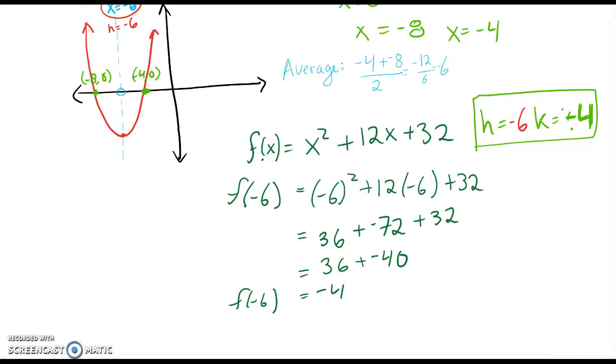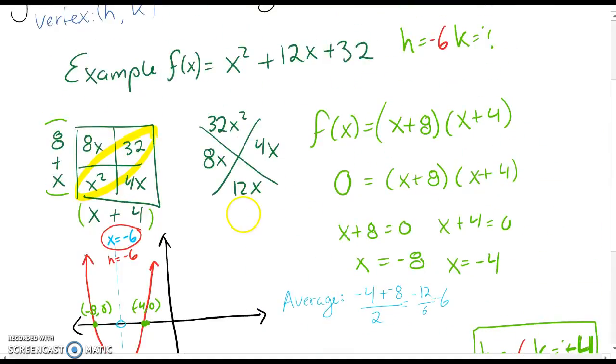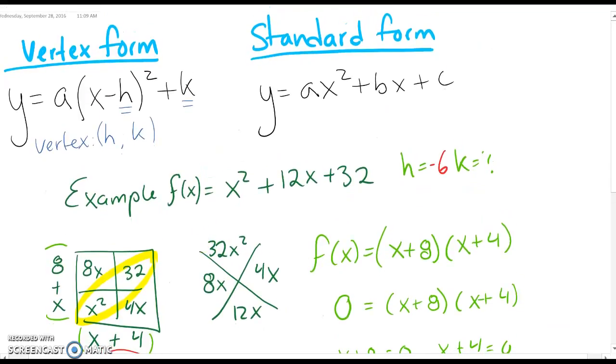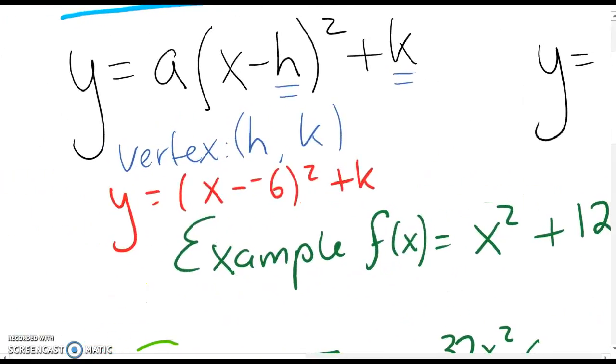I can also go back in and plug in these two values to find my final equation in vertex form. If I simplify that, two negatives would go and make a positive. So that is my final equation in simplified vertex form.